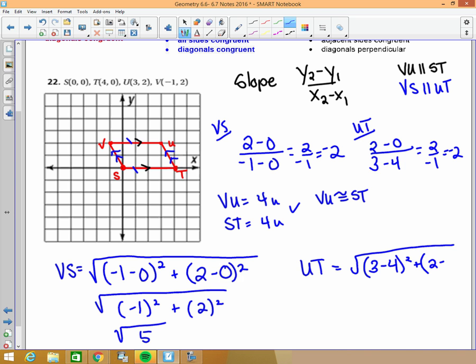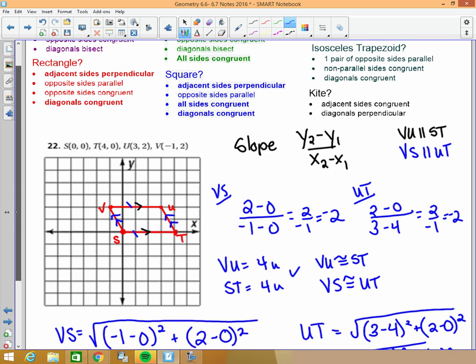And the y coordinate for T? Okay, so it looks like I'm going to get -1 squared plus 2 squared again. And that's going to give me what? Square root of 5. So are VS and UT congruent? Yes. Okay, so I can say that VS is congruent to UT.